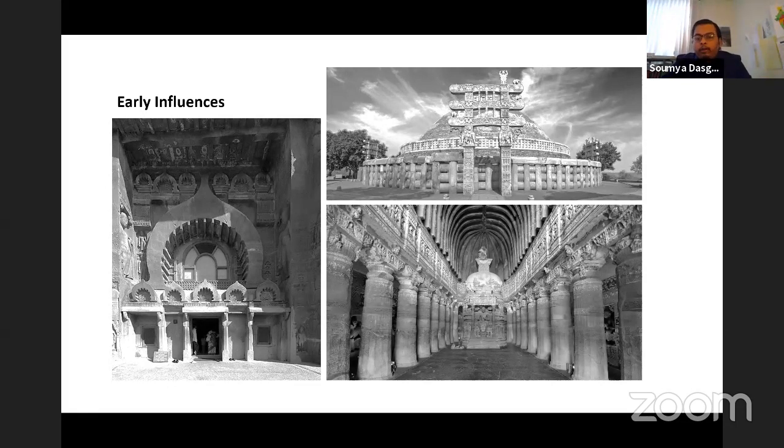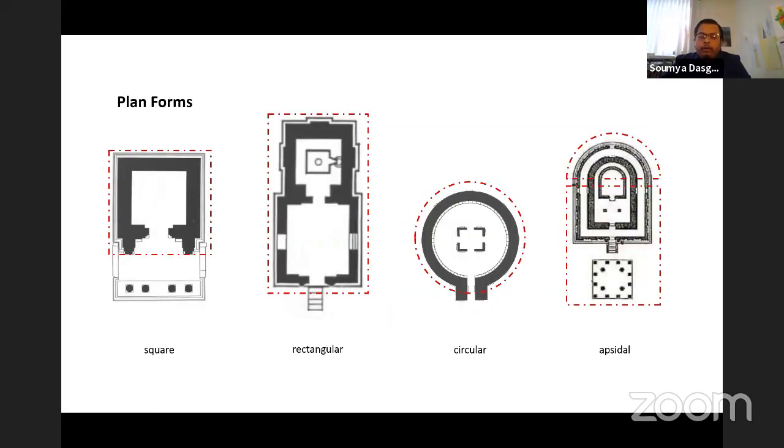Now, I guess we already know this, but I will mention this once more that there are four basic plan forms of temples. No matter which Indian temple you look at, it will fall in either of these four basic shapes. It can also be a combination because you might find larger temple structures where there are multiple plan forms. The most basic is the square, and I am sure you did some experiments on the square form earlier. Then there is the rectangular.